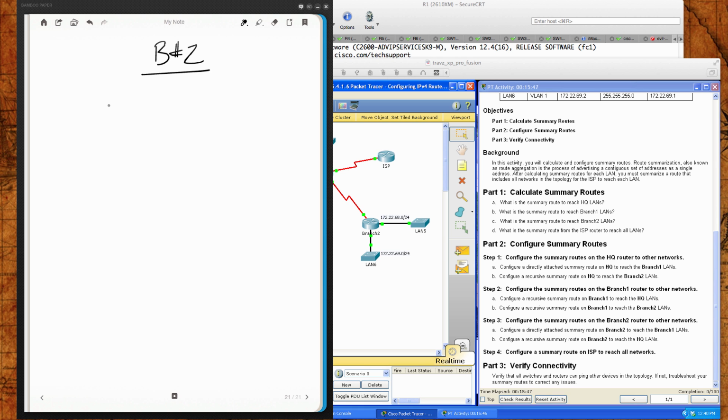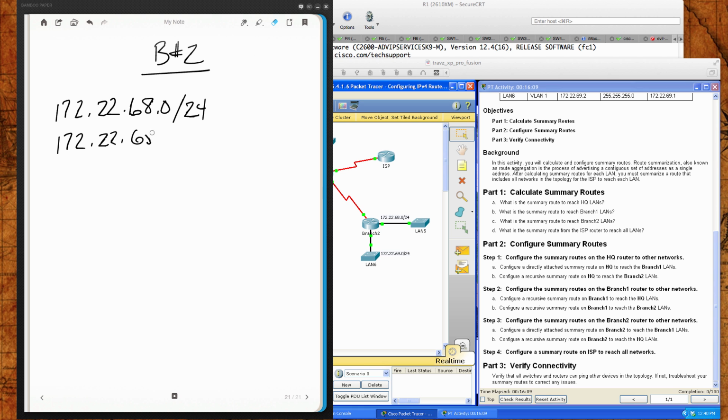And branch number 2 is going to be a 172.22.68.0/24. And then we've got 172.22.60. Oops, let me erase that out of there.